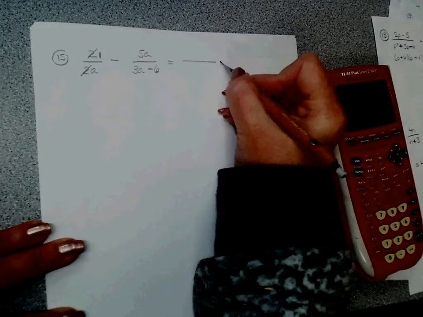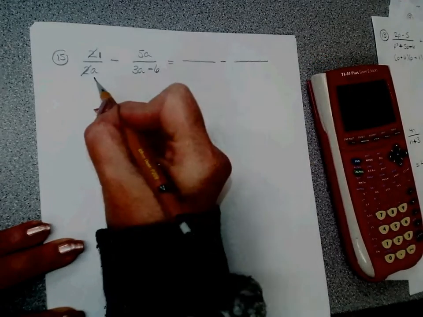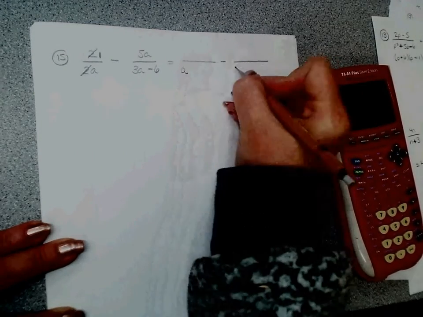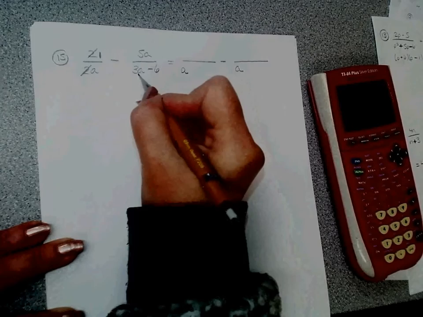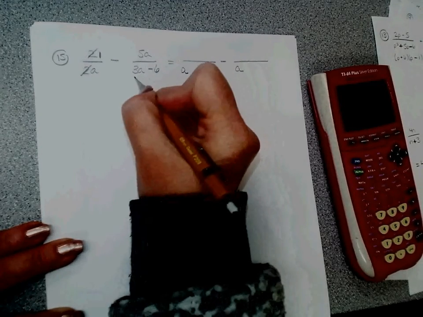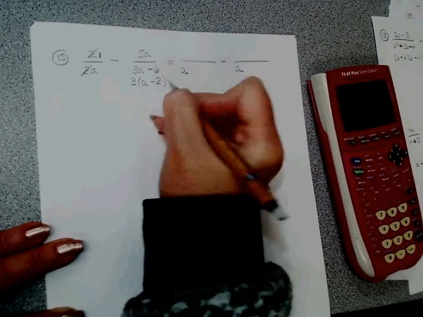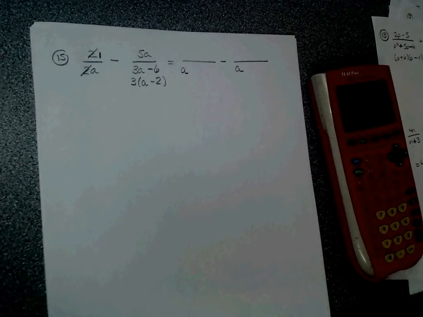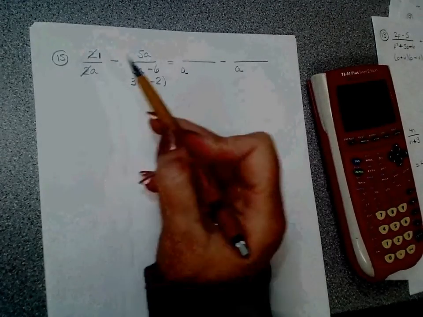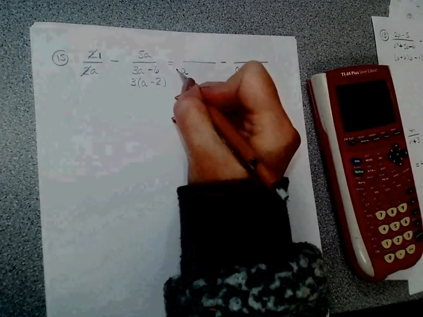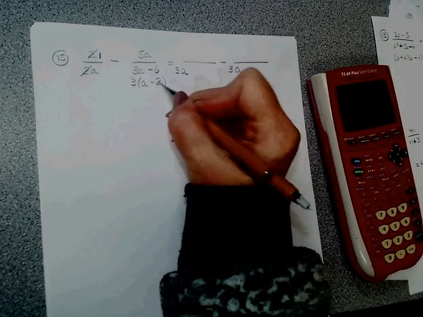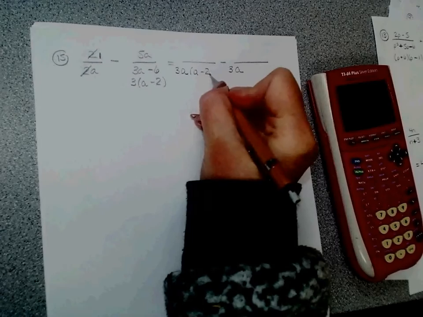My common denominator has to represent everything that's in the denominator. So it's got to have an a. And it's got to have a 3a minus 6, I should have factored that. Sorry about that. All right, pull out a GCF. So my denominator has to have an a, it has to have a 3, and it has to have an a minus 2.